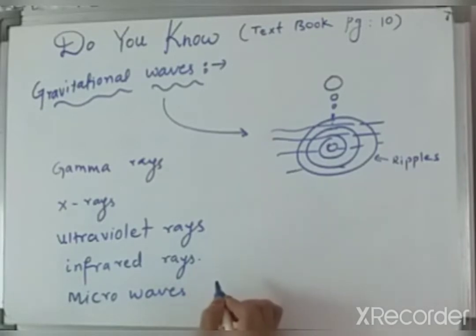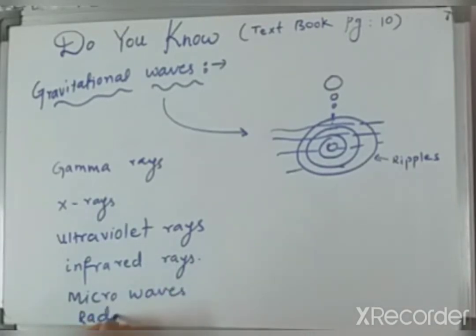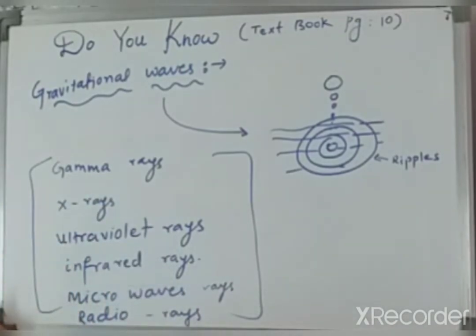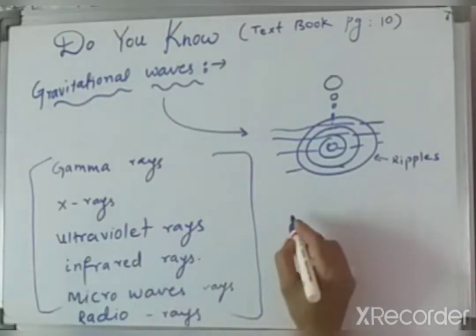These are all in the form of waves. Also radio waves, through which we are broadcasting different programs on radio. So all these are nothing but different types of rays which are in the form of waves. All these are different types of electromagnetic waves.